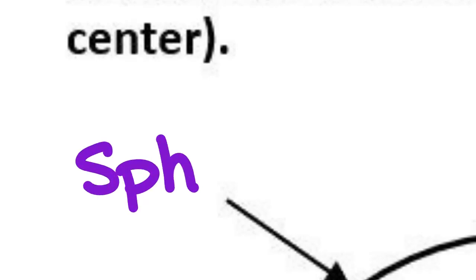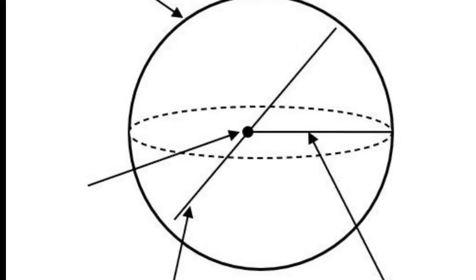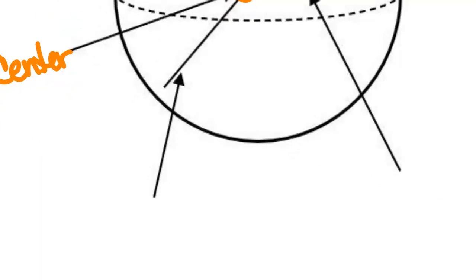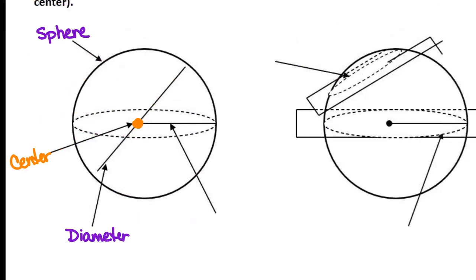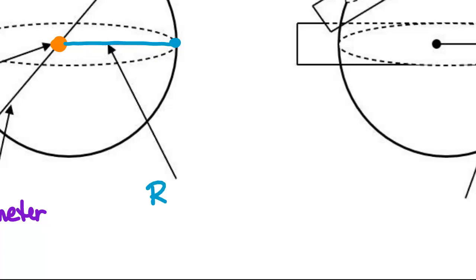This is a sphere. My sphere has a center. It has a diameter that runs from edge to edge. And it has a radius that goes from the center to that outside edge.